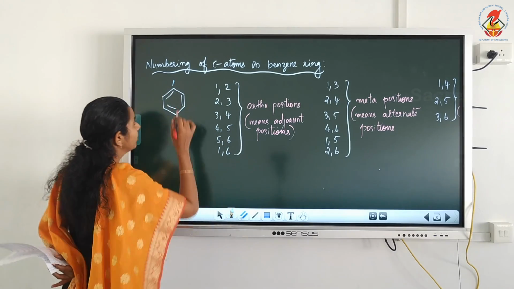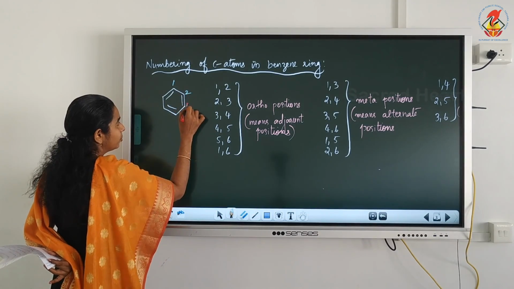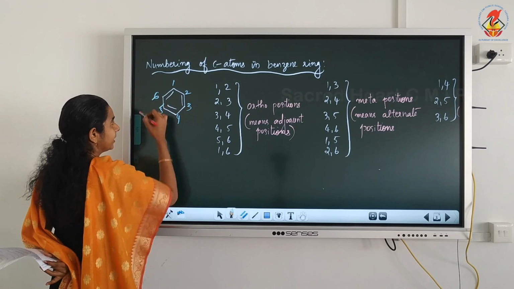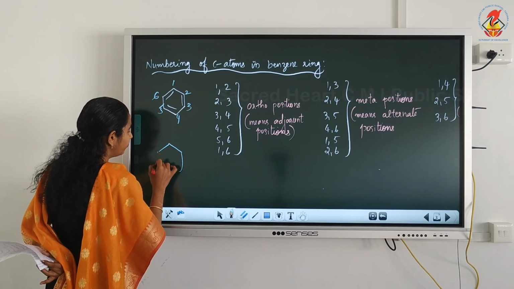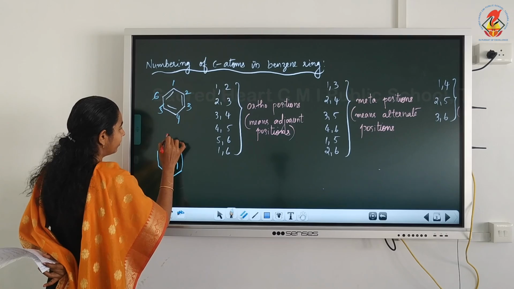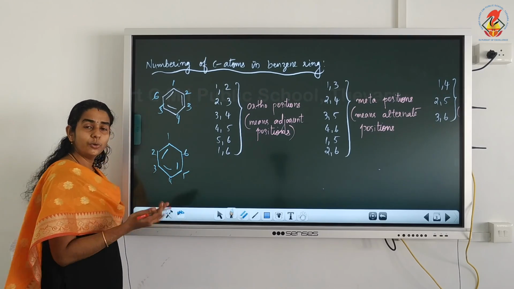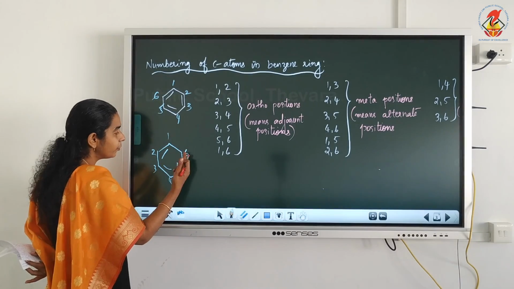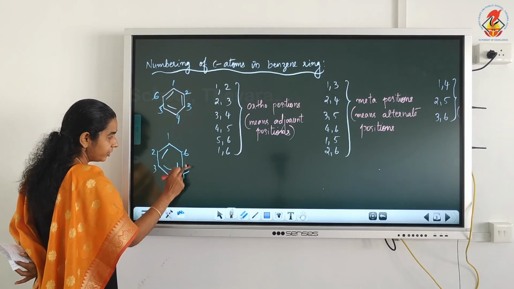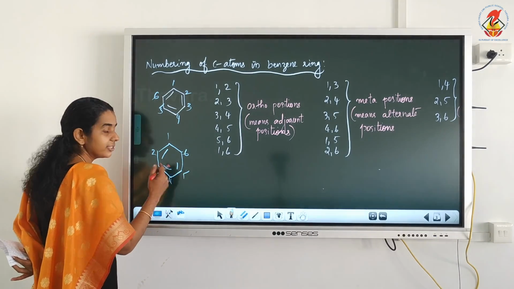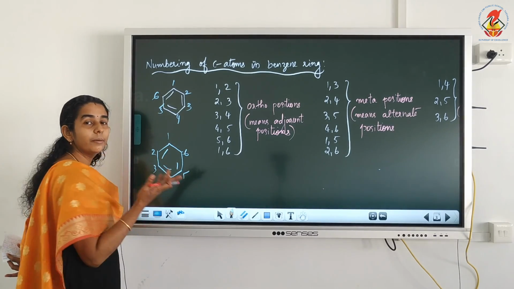So I am numbering as 1, 2, 3, 4, 5, 6. If you want, you can number 1, 2, 3, 4, 5, 6 also, clockwise or anti-clockwise. Or you can start from this carbon, or from the other carbon.